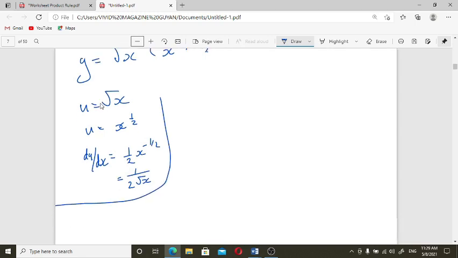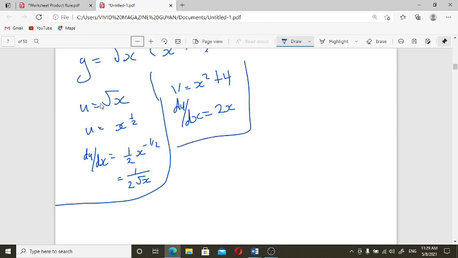Again, I think you should at least know that pattern by now. And v is equal to x squared plus 4. So dv/dx is equal to 2x. So u dv/dx plus v du/dx, dy/dx.